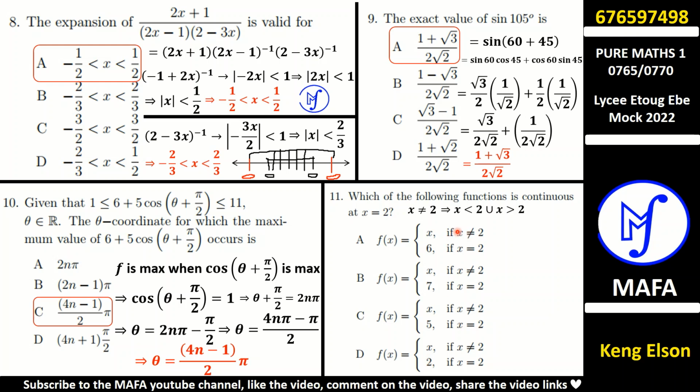If the limit of a function exists, it means that the right hand limit is equal to the left hand limit. Right hand limit means x is tending to 2 from above, and left hand limit means x is tending to 2 from below.